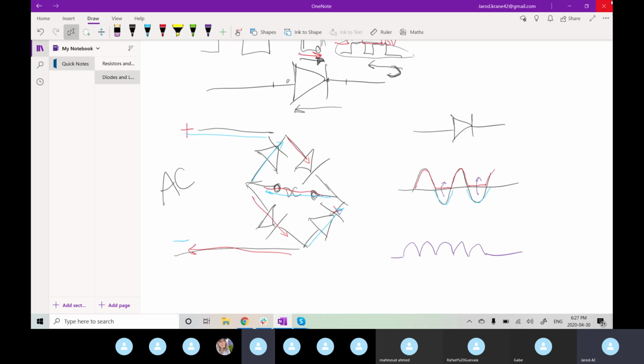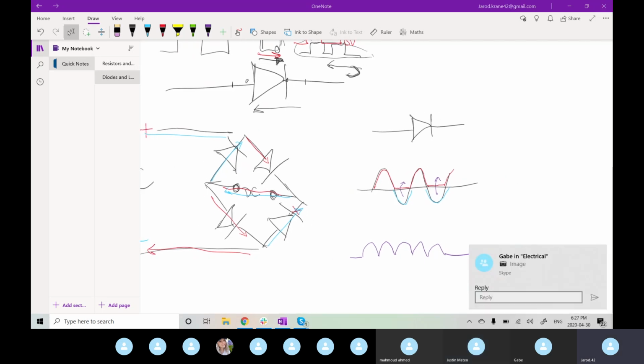Does the flat part of the rectifying, does the forward voltage matter? Does it exactly flatten out when it's at 0, or does it flatten out at the forward voltage? At the forward voltage.